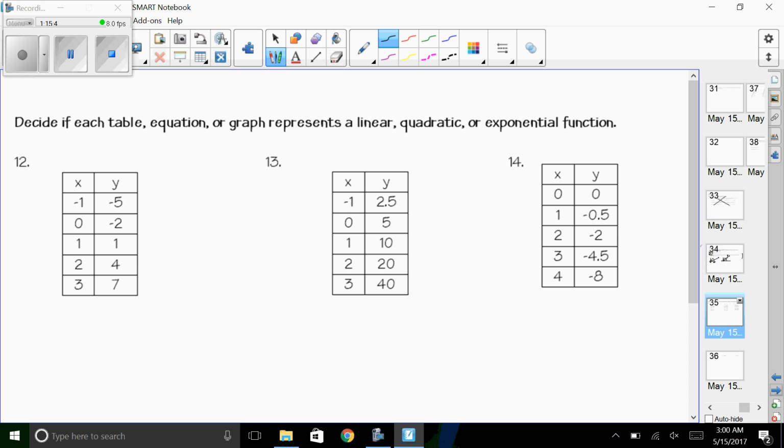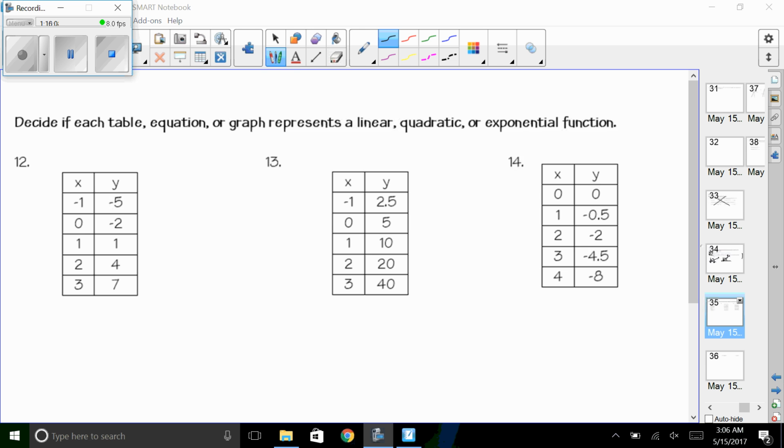Okay, decide if each table and graph represents a linear, quadratic, or exponential. So like we did before, if it multiplies, it's exponential. If it adds or subtracts by the same number, it's linear. If you add or subtract the y values twice, and then the second set is the same number, then it's quadratic.